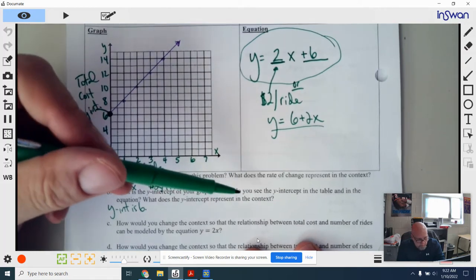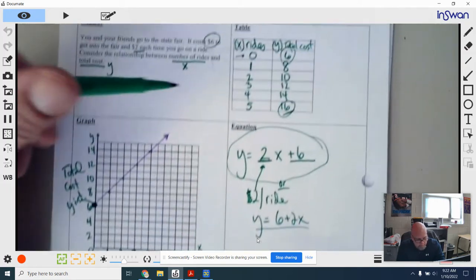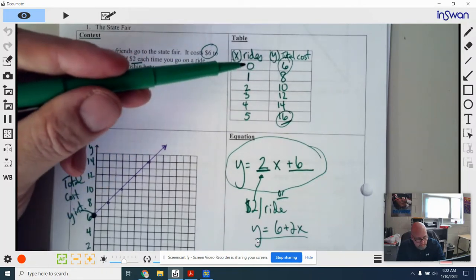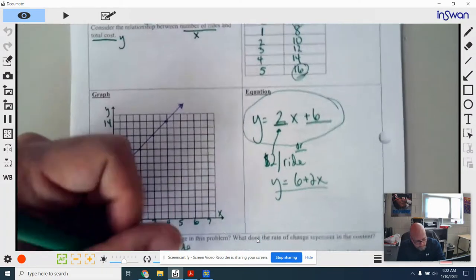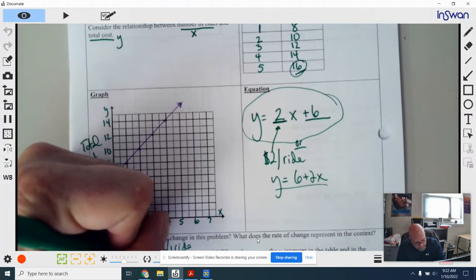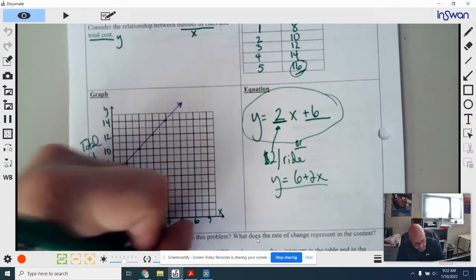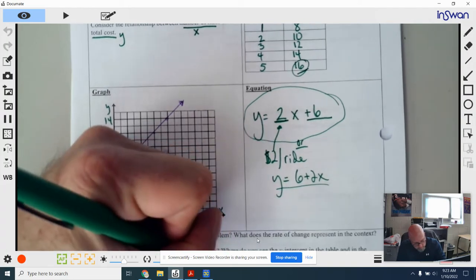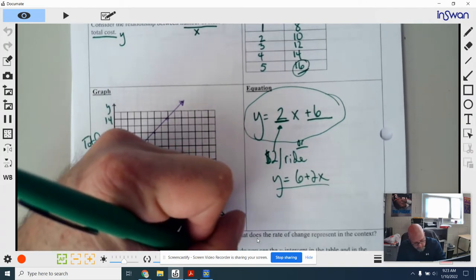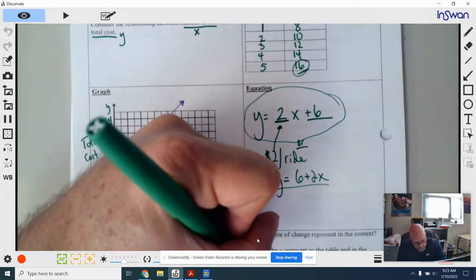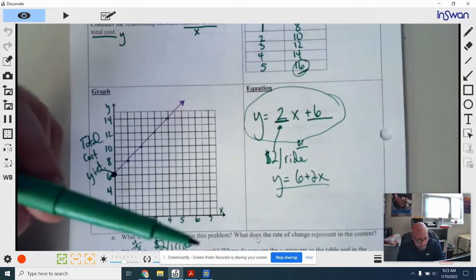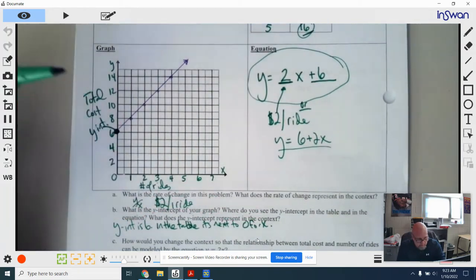Where do you see the y-intercept in the table? Well, we see it, the y-intercept 6 is next to 0 for the x. So we could say in the table, it's next to 0 for x.